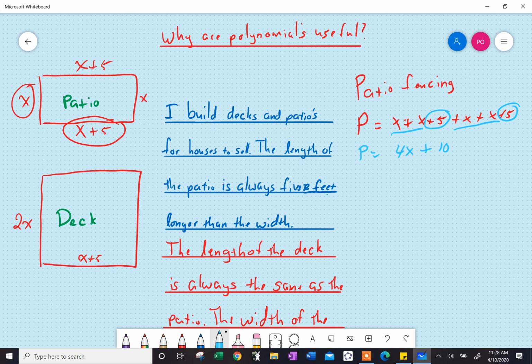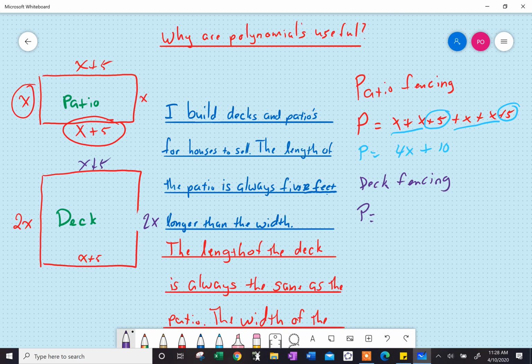Let's say I need fencing for my deck as well. So the deck fencing. Well, the deck fencing is going to be 2x, and this is going to be x plus 5.